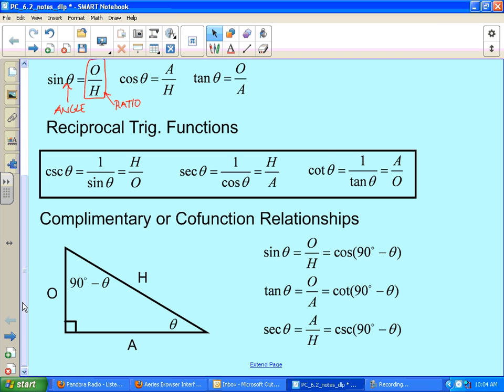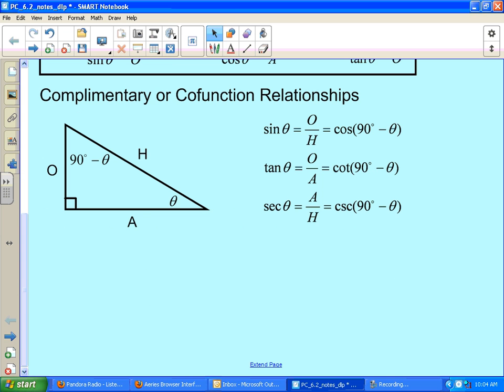All right, so a lot of stuff going on here. Talking about the eating part, when I have a theta and I have an opposite side and an adjacent side, we have these complementary, or cofunction, relationships between sines and cosines and secants and all that stuff.